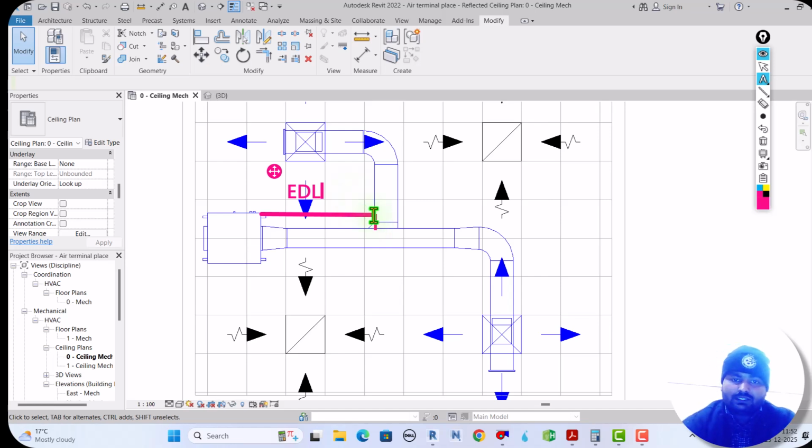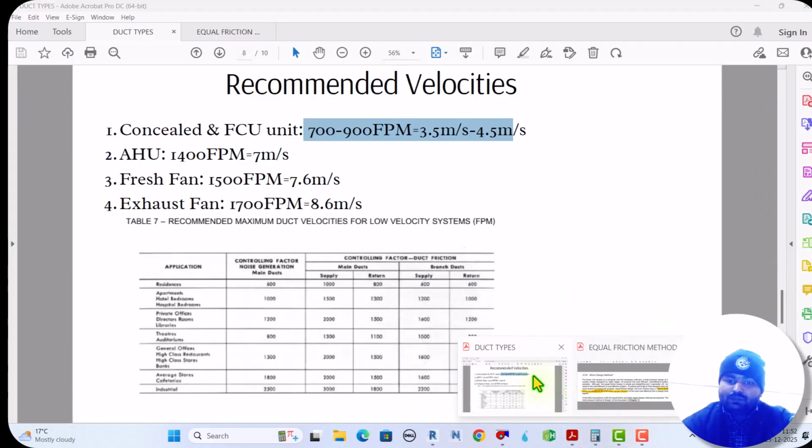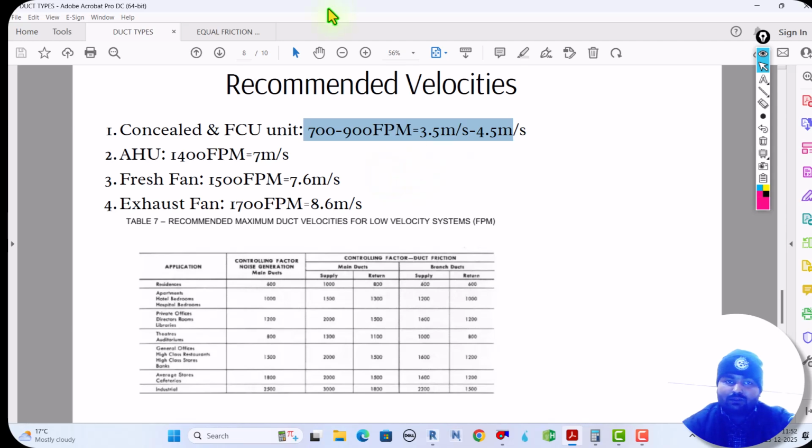Okay, we cannot take a branch from anywhere. Okay, this EDL I have to fix and I have to calculate. Okay, so now how to calculate as per the standard? From the machine to the first branch is called EDL, effective duct length, and I have to fix that one.